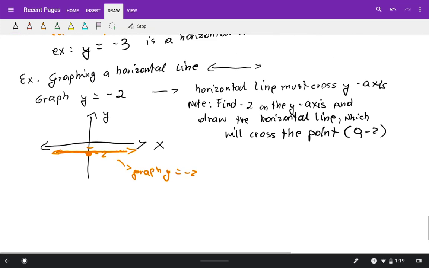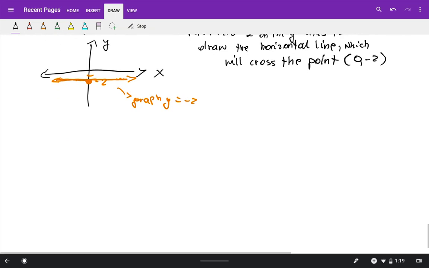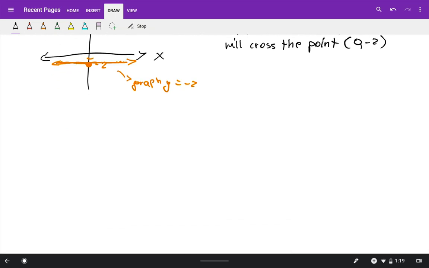The next example will be about graphing a vertical line, which is the same idea. So graph a vertical line which has the equation 3x equals 12.